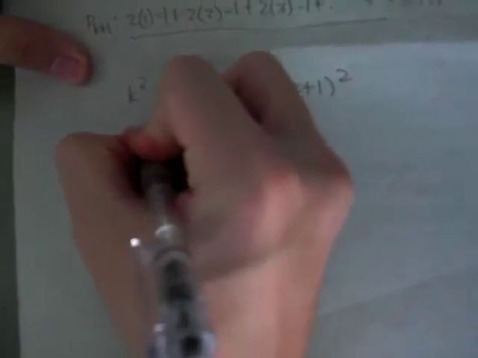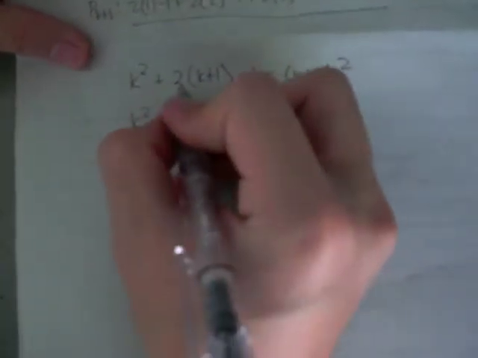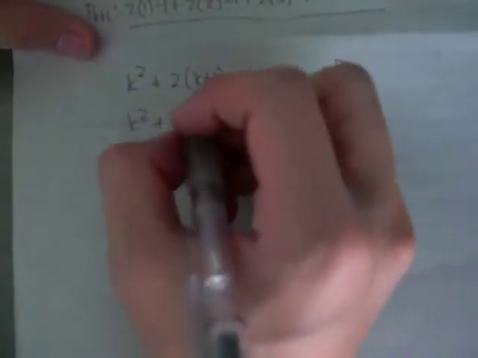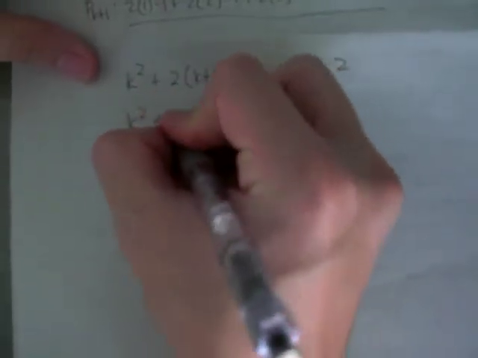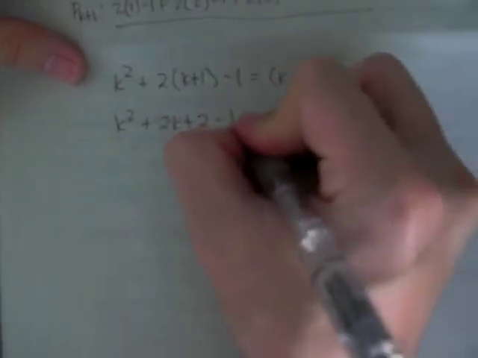Now we prove it. So k squared plus, distributing 2 to k plus 1, we will get 2k plus 2, then minus 1.